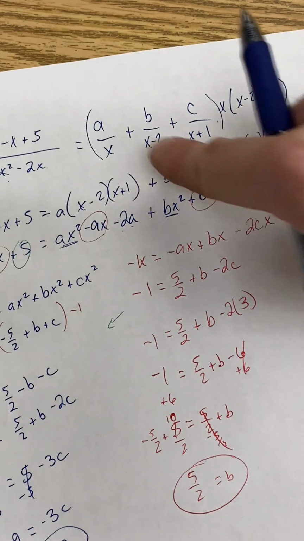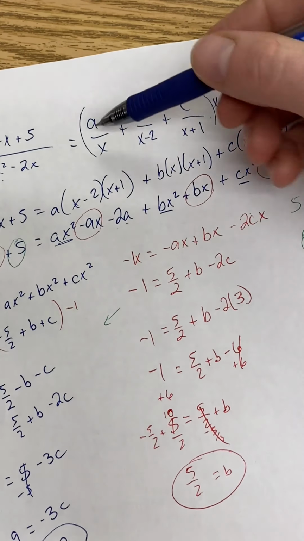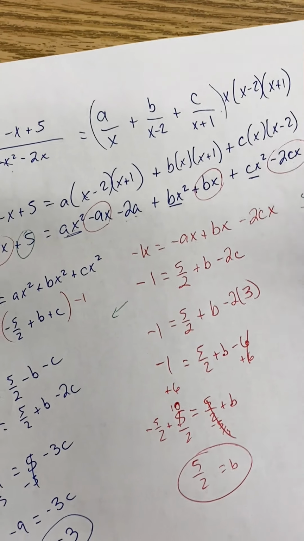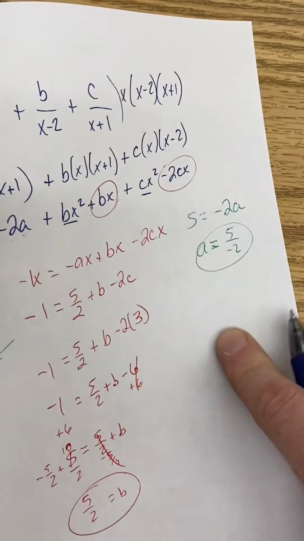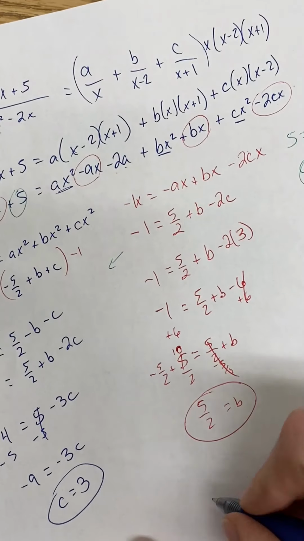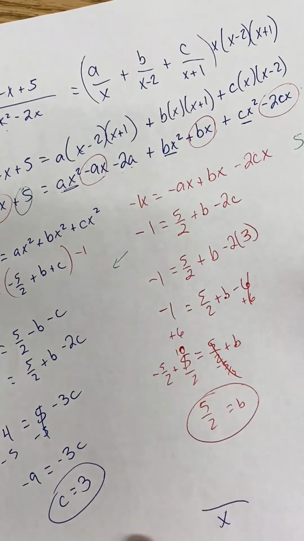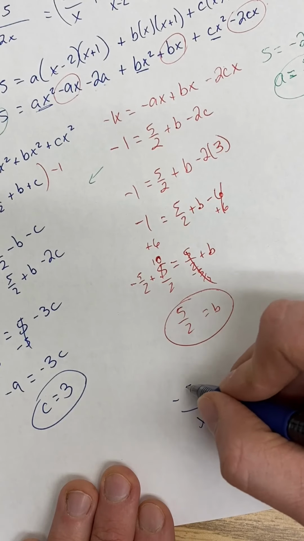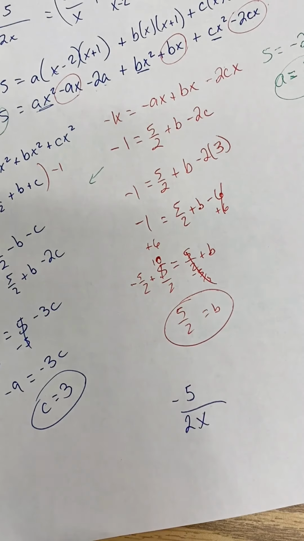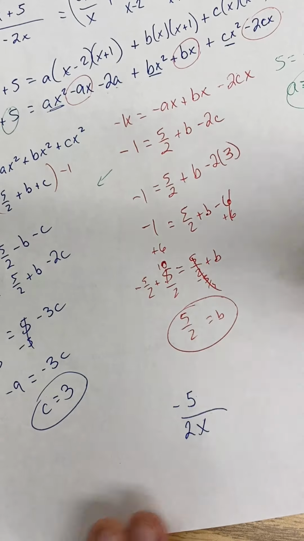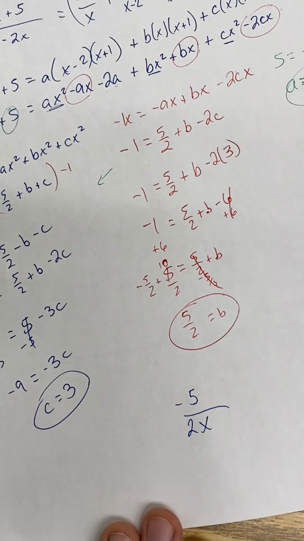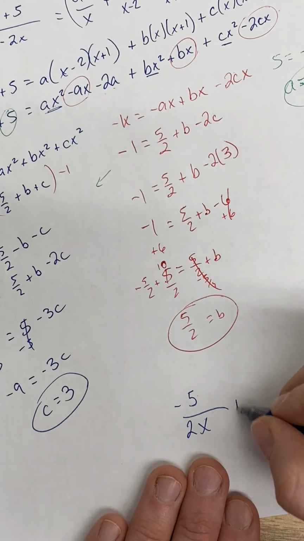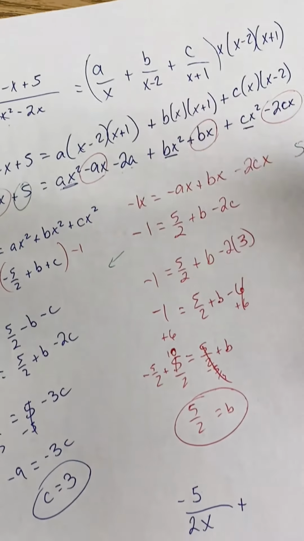Okay, so just think back to the beginning. Just be careful what you called A, B, and C. Really just what you put it over top of. That's the main thing. So A was over x. So negative 5 halves goes over top of x. All right. Another little complication here. How do I do negative 5 halves? Well, 5 halves is already a fraction, so I'll just say negative 5 on top, 2 on the bottom. And that's okay. You can do that. All right, plus b is going to be over x minus 2.